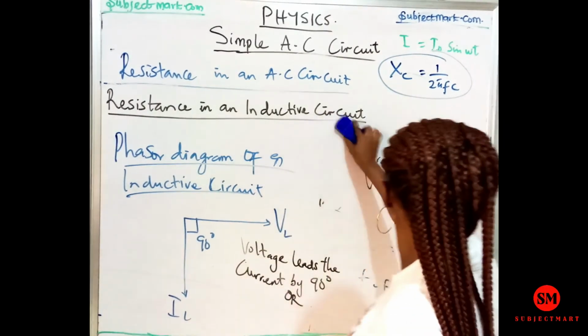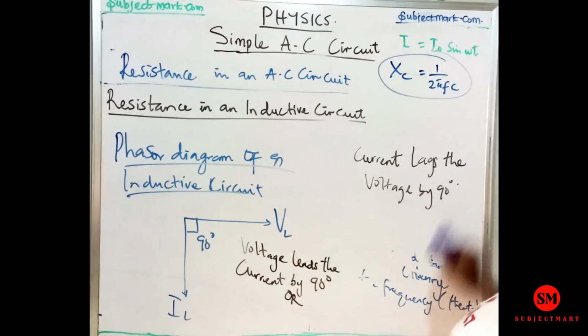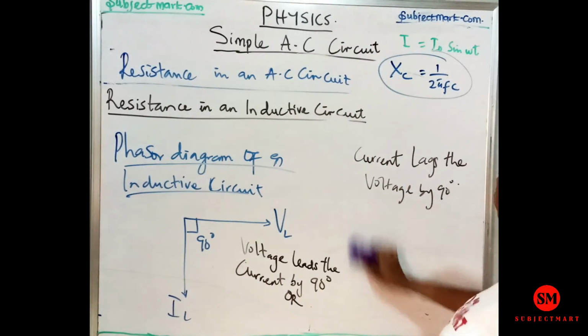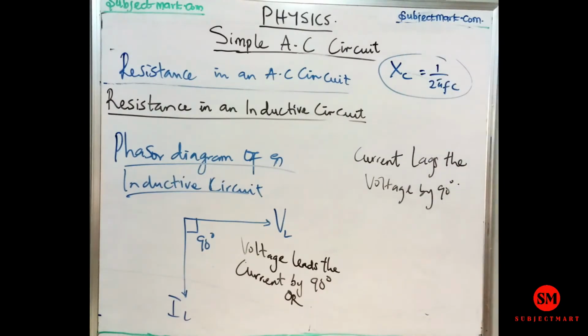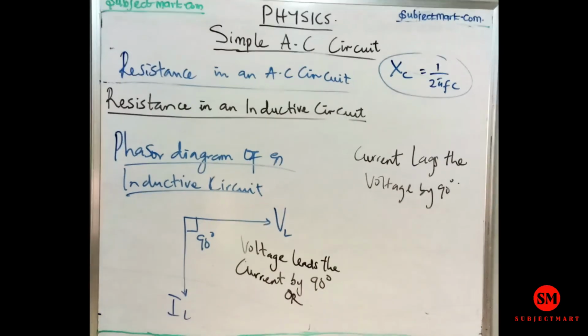So take note of that. Voltage leads the current by 90 degrees in an inductive circuit.